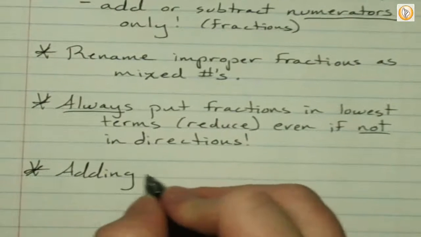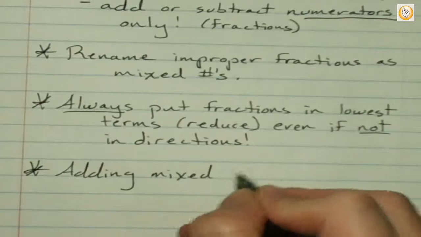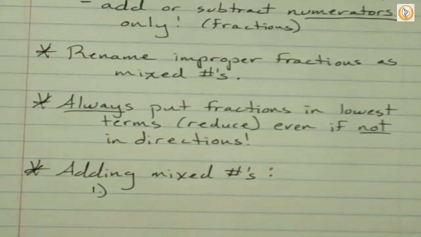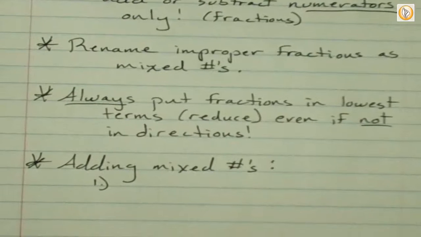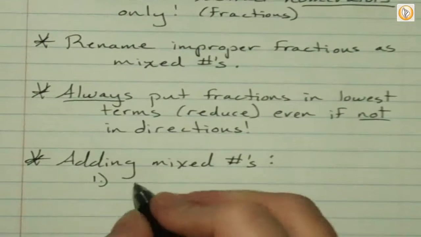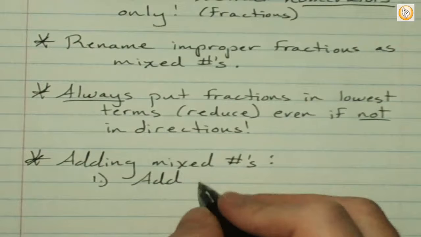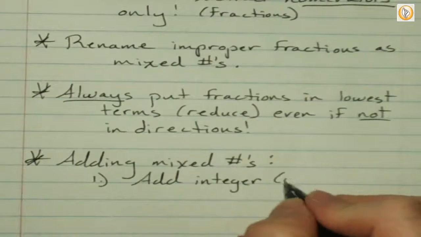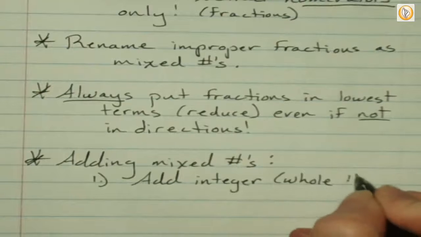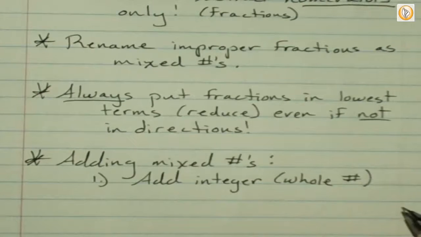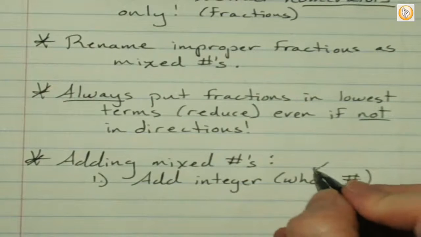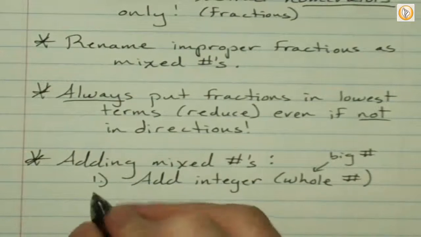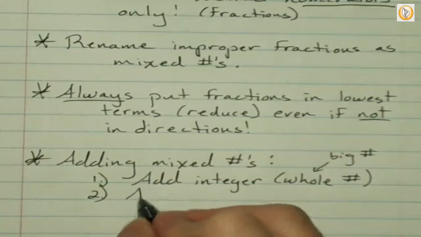Adding mixed numbers. Add the integer, which is the whole number, and if you forget what the whole number is, it's the big number, and then add the fractions.